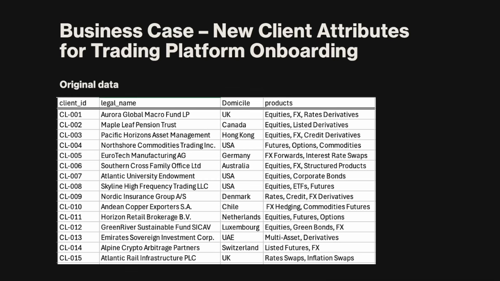This leads to manual checks before enabling trading, inconsistent application of risk limits, audit and compliance gaps, no single source of truth, and higher operational risk when new users are onboarded under time pressure.